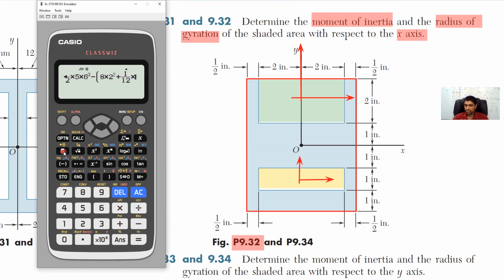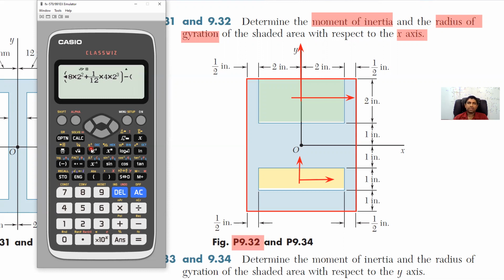The base is 4, height is 2, 1 over 12 b h cubed. That is the green color part. I will close the bracket, and also we have to subtract the moment of inertia of the yellow color one.